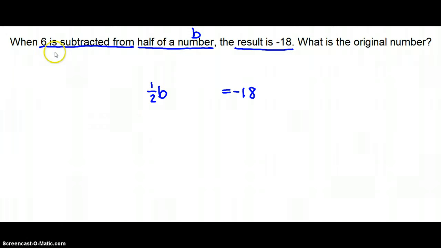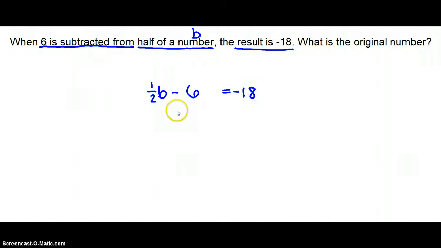Okay? Finally, we have 6 is subtracted from. So in other words, we're starting with this half of a number and subtracting 6 from it. So this is our expression, 1/2 b minus 6 equals negative 18. But we're not finished because I asked what is the original number. So we need to solve for b.